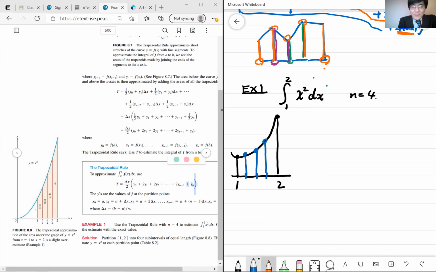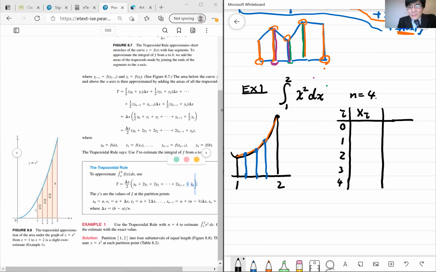Okay. And we are going to make a trapezoid, trapezoid, trapezoid, trapezoid. Okay. But we don't need to know what the picture is. So what we really need to know is x_i, i starting from 0, 1, 2, 3, 4.